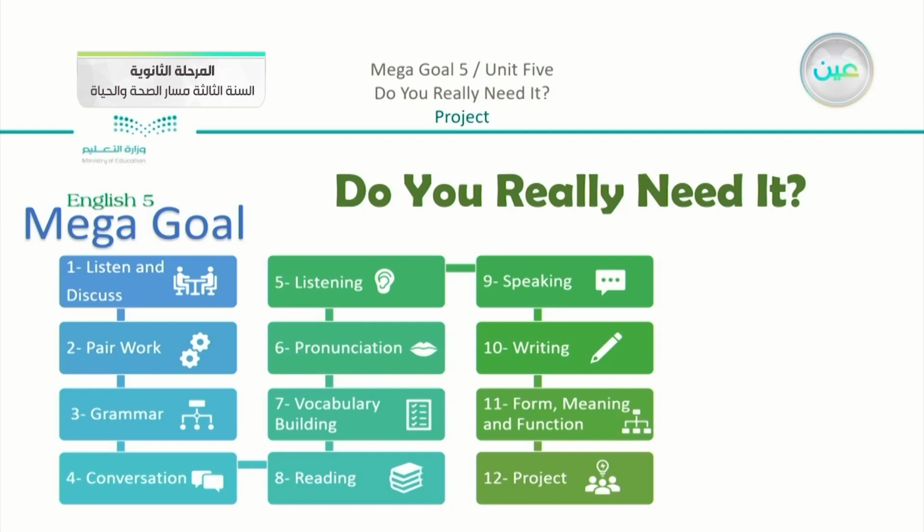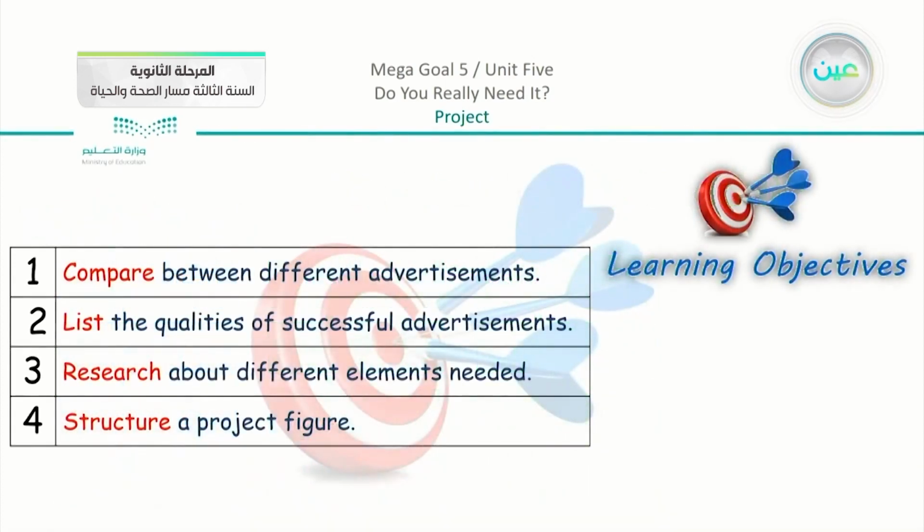We have reached the last part here, which is the project. Now, in our lesson, we have our objectives. The first objective is to compare between different advertisements. The second, to list the qualities of successful advertisements.